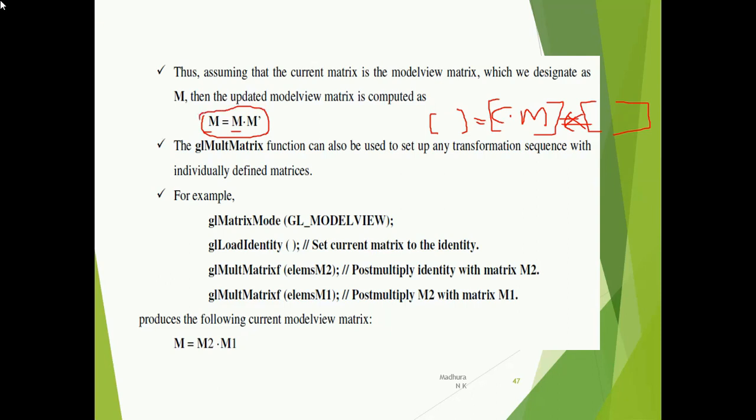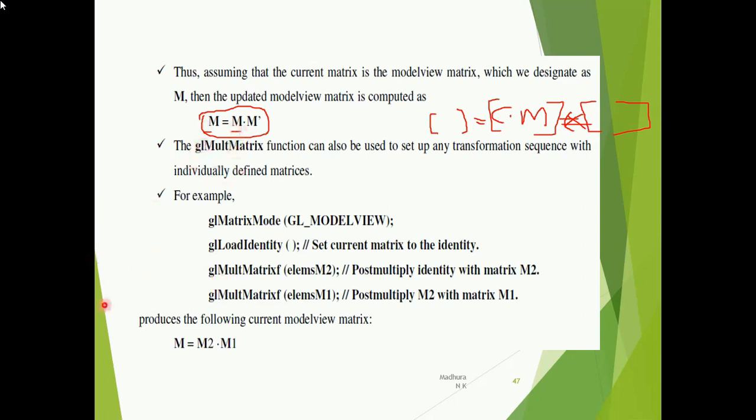Then we have the glMultMatrix function, which can also be used to set up any transformation sequence with individually defined matrices. Now if you are going to do matrix multiplication in sequence, not only one, here we have considered only one.